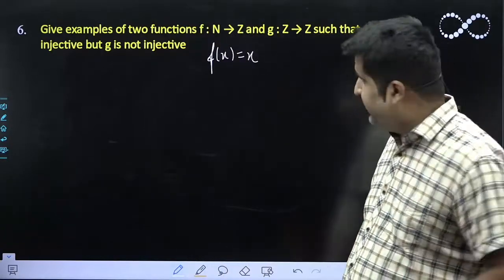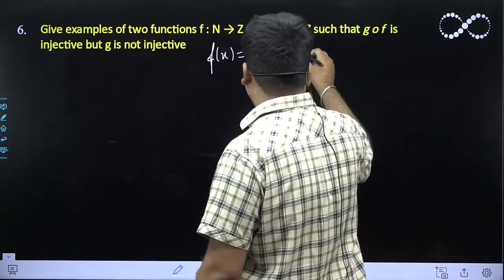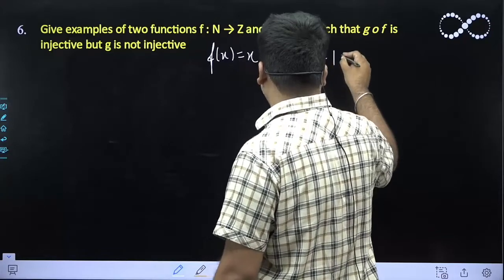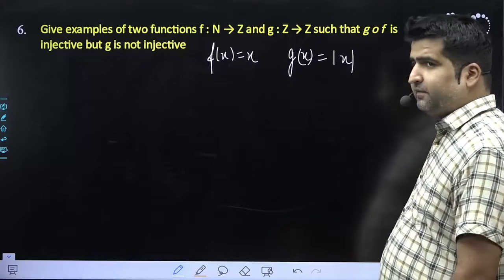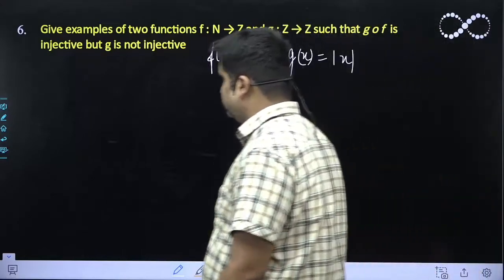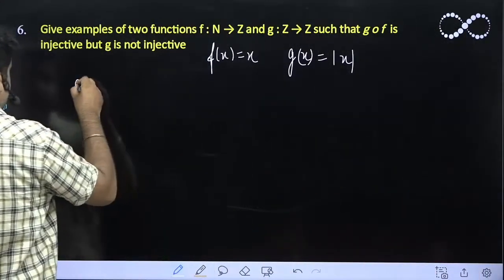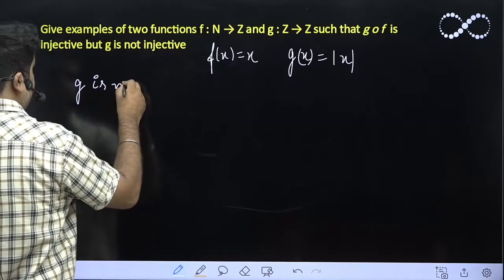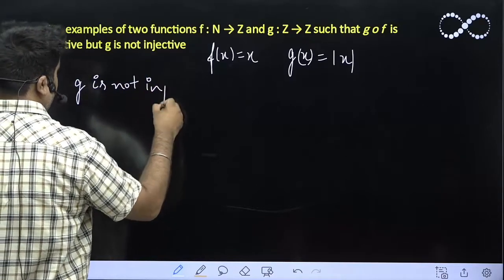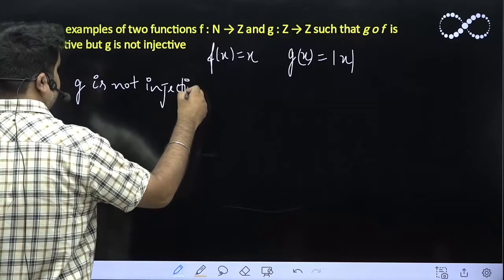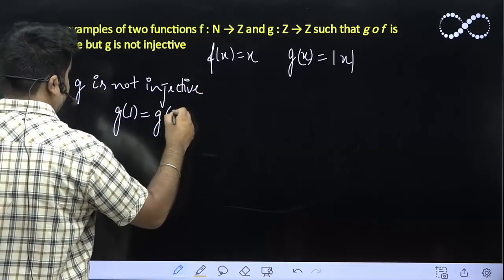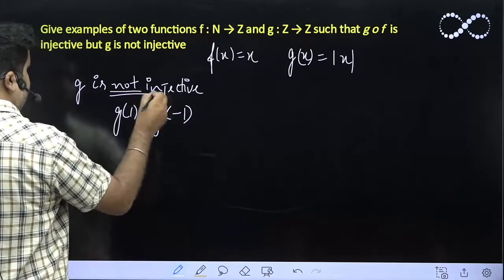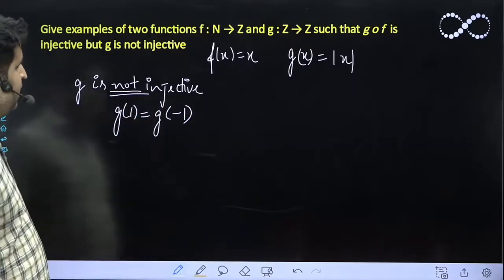And second we'll take gx is equal to mod x. Now tell me, is g injective? No. G is not injective. Why so? Since g of 1 is equal to g of minus 1. Okay? So this is not injective.